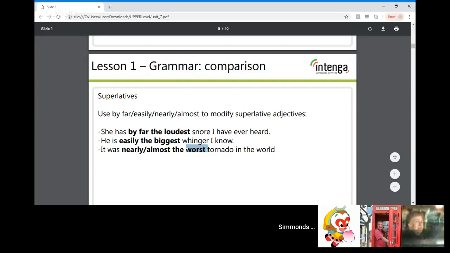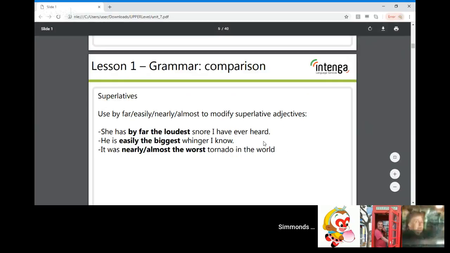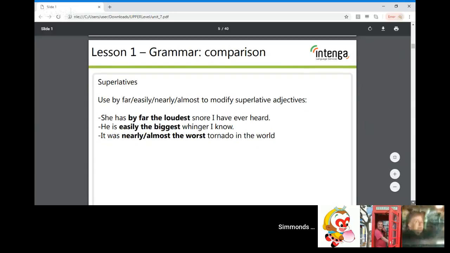Worst is also an irregular one, okay? Biggest, you have to add another G, okay? But these are the superlative endings here. Any questions about these sentences? Okay. So again, we can say this in many, many different ways. These are just some of the ways, okay? So with that, let's go to the next page here.